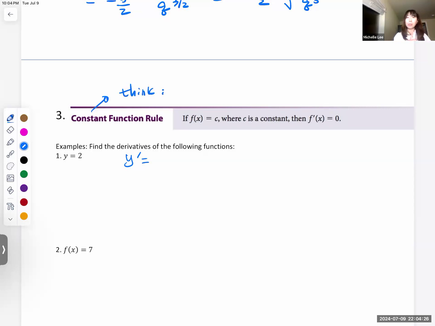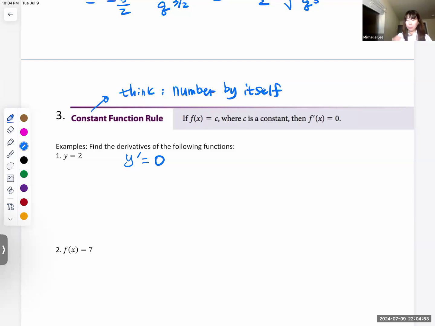Don't get confused with the coefficient, okay? With a coefficient, we keep the coefficient. A number by itself, we said constant, right? Then it's 0.